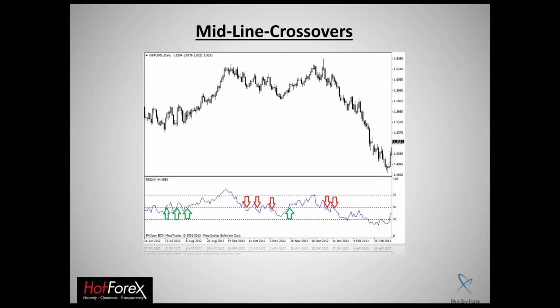So the simplistic approach with this one is you just go long as soon as the RSI crosses the midline, like you see here. You have 2 or 3 or 4 consecutive bullish days here with this asset as soon as the price crosses the midline of the RSI. The same as it comes back down, you have a very solid bearish day here.